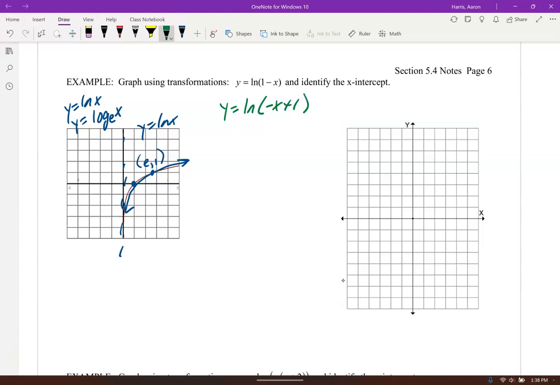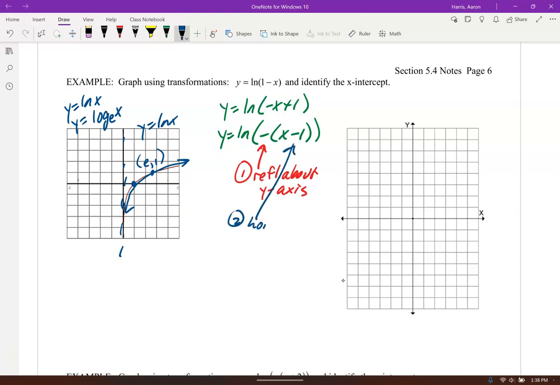So let me write it this way. Negative x plus 1, but then let me take out a negative here, and you can see number 1, that's your first reflection on this thing. So it's going to reflect it about the y-axis. And then number 2, it horizontally shifts it right 1 unit.